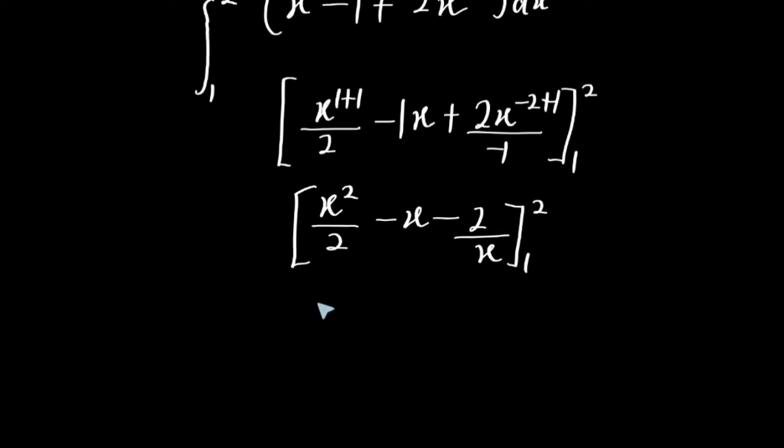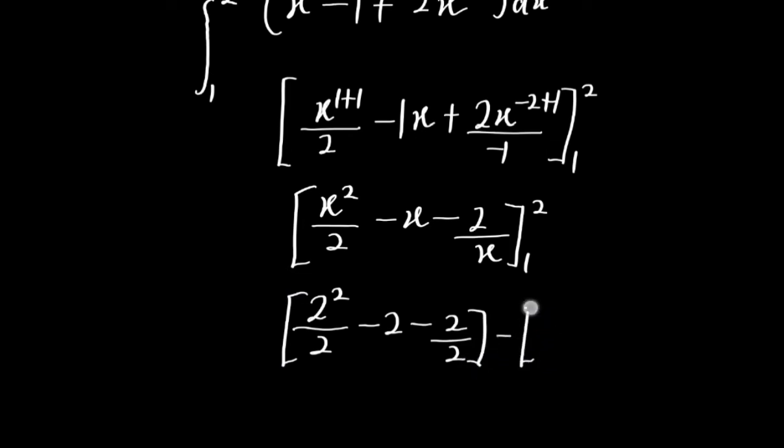So we have 2² over 2 minus 2 minus 2 over 2 as the first bracket, minus, which is the main subtraction. Then we do the same with the 1: we have 1 over 2, because 1 squared is the same thing as 1, then negative 1, then negative 2 over 1.